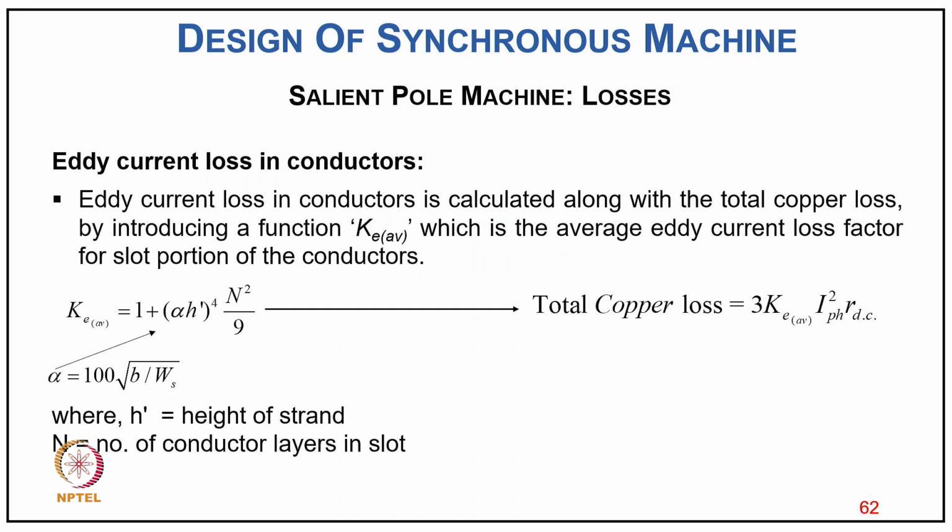Now coming to the eddy current loss in the conductor, it is calculated with the total copper loss by introducing K_e, the average eddy current loss factor, for the slot portion of the conductor, and that is K_e equal to 1 plus alpha h to the power 4 n square by 9, and total copper loss is 3 K_e I_ph square R_dc, where alpha is typically 100 under root b w_s, where h' is the height of strand and n is the number of conductor layers in the slot.